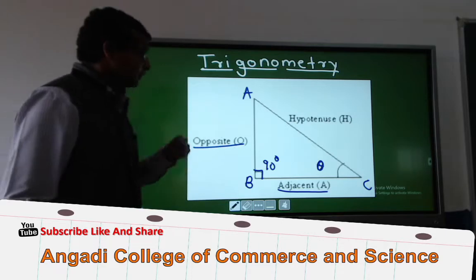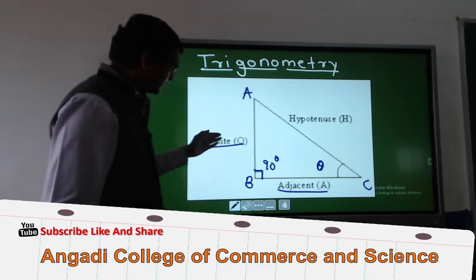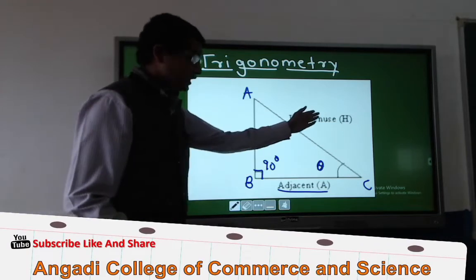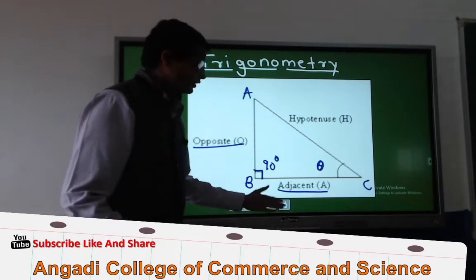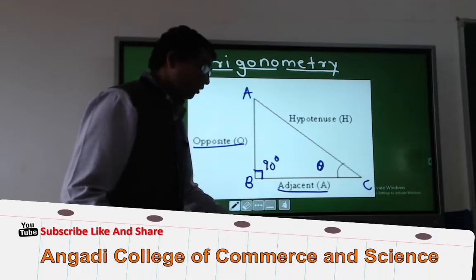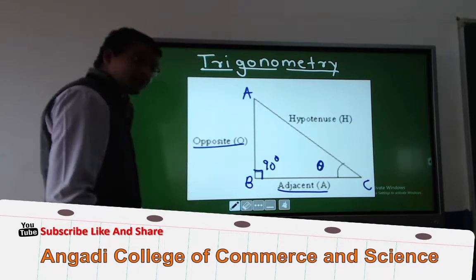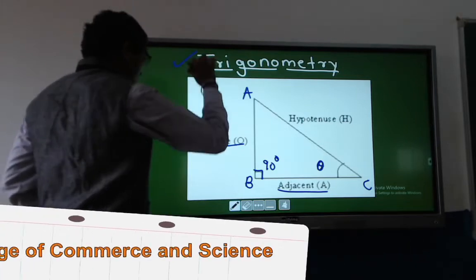So we have three sides: opposite to theta, the opposite side; opposite to 90 degree, the hypotenuse; and the third one we call the base or adjacent side. Let us begin this concept with trigonometry.